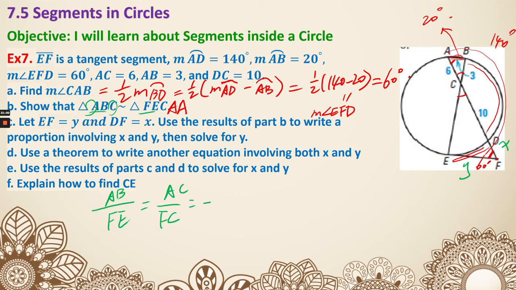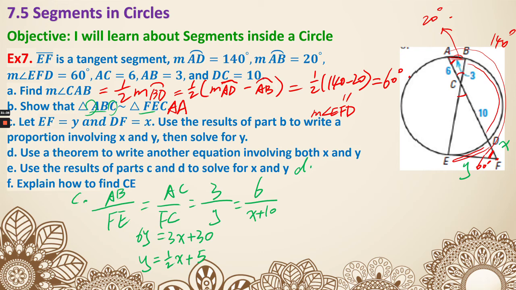So AB is our 3, FE is going to be our y, AC is our 6, and FC is going to be x plus 10. So we got 6y equals 3x plus 30. After solving and simplifying, y is going to be 1/2 x plus 5. That's part C.